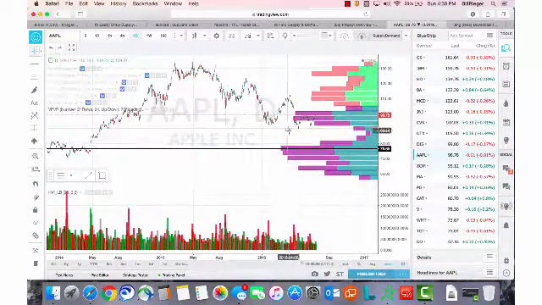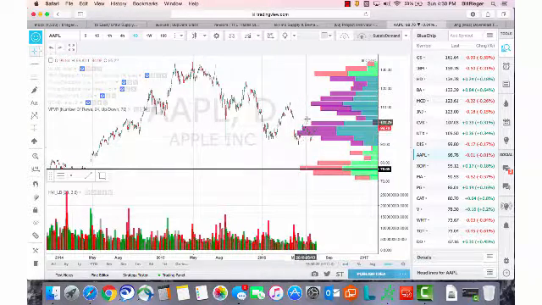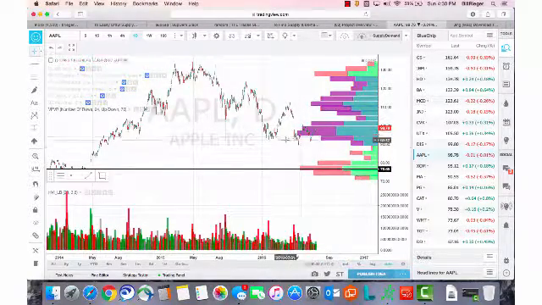If you look at this area right here on Apple, not associated with a lot of volume, I don't think it would be too much to say Apple would break this 89 area. And once you get past this area, you don't have much volume until you get up here either. I think getting past this area is going to be harder than getting past this area. Of course, we're in a downtrend. That's easy to say. We don't know what's going to happen.